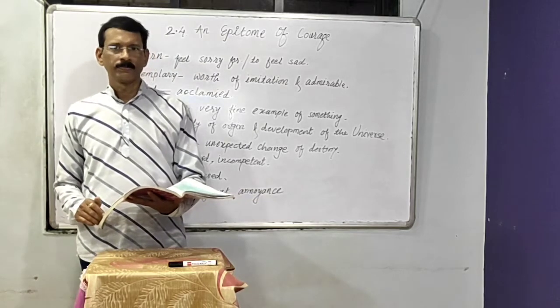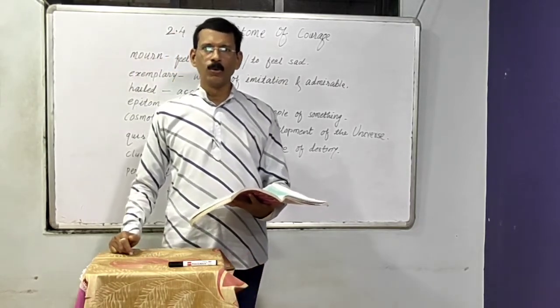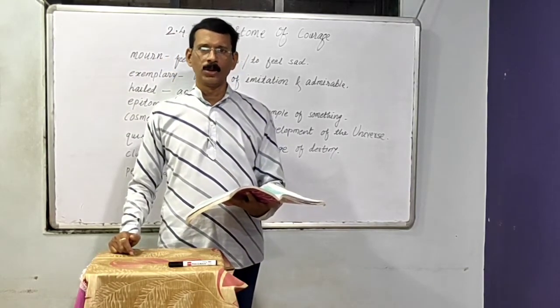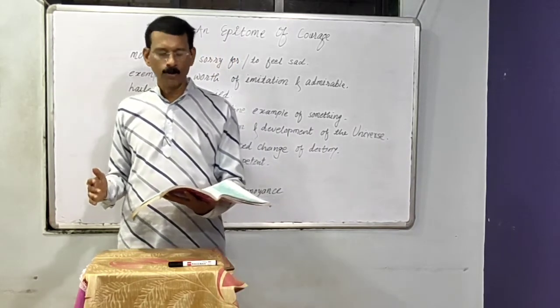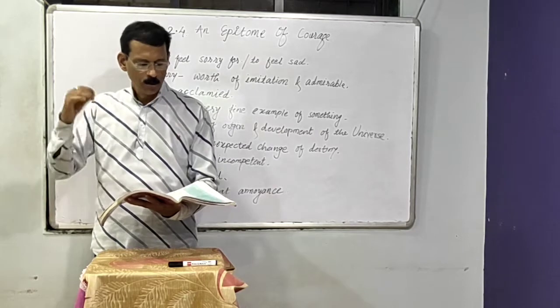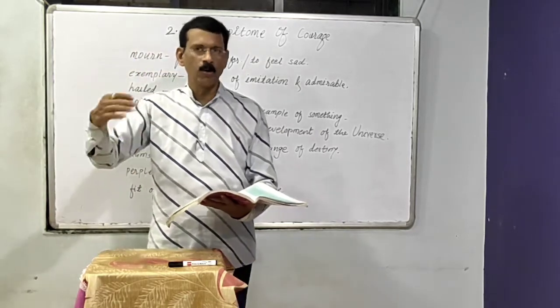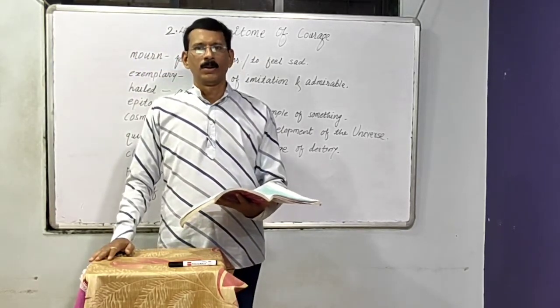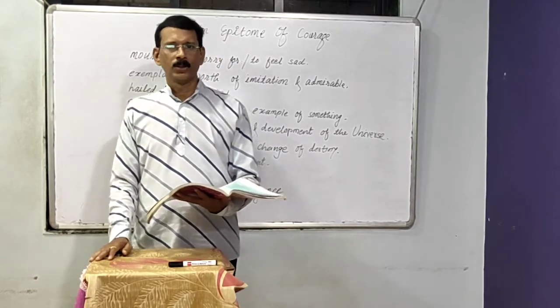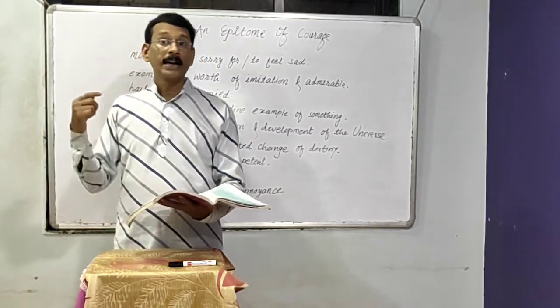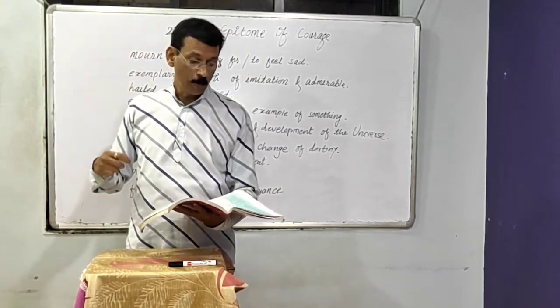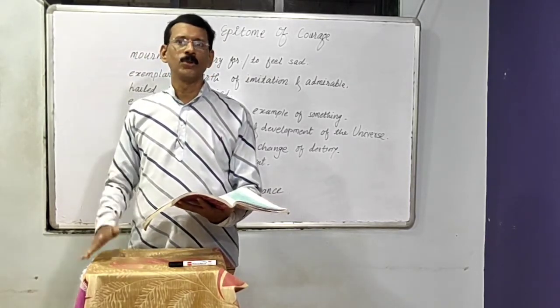Now tell me, who was Dr. Stephen Hawking? Or can you find out this answer from this passage? Who is Dr. Stephen Hawking? Okay, Dr. Stephen Hawking is one of the greatest scientists of this century.